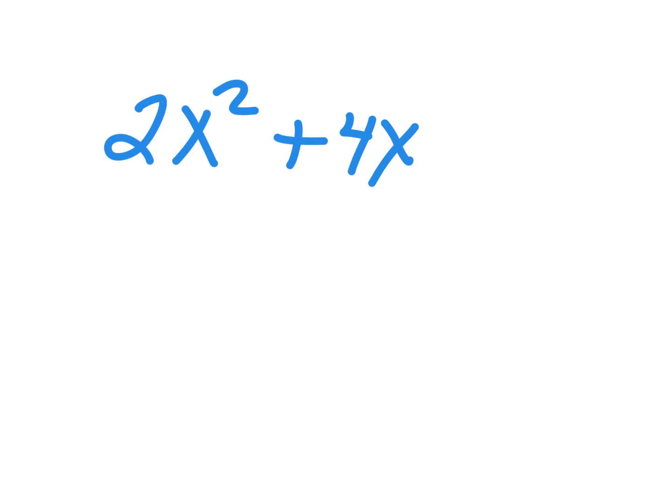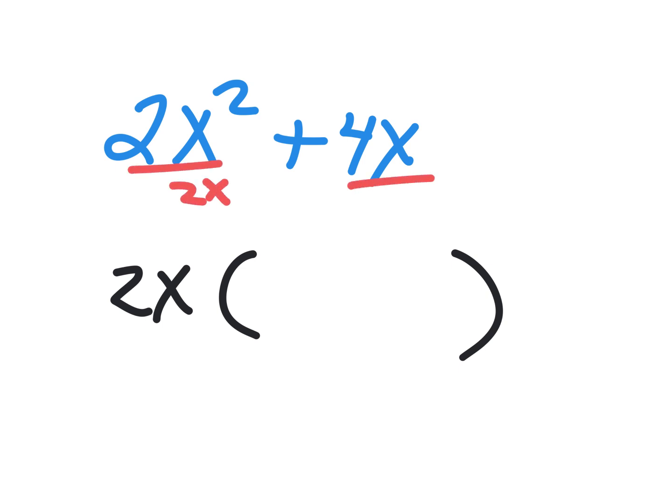Oh, so close. Not just 2. 2x. You have to take out the greatest common factor. And 2 is a good start, but it had to have the x because they both have an x, just like they both have a 2. Then you divide by 2x to see what you should put.